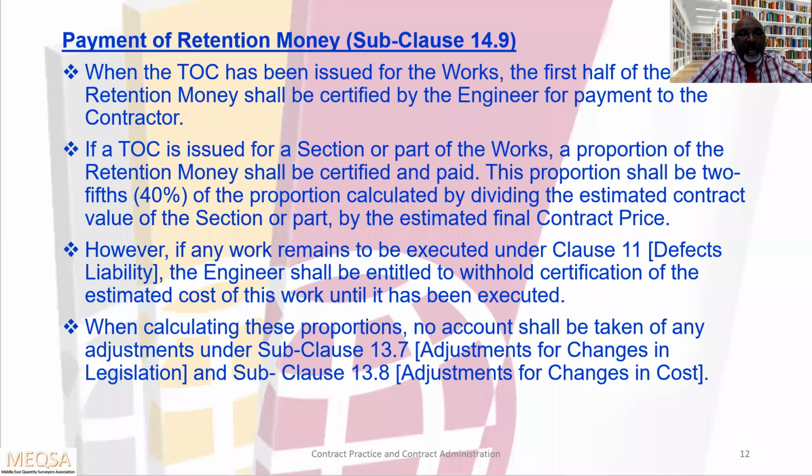The fourth one: when calculating these proportions, no account shall be taken of any adjustment under subclause 13.7. So while we are calculating this 40%, we will not do any adjustment for the changes in legislation as well as adjustment for changes in the cost. Because these things, they have given the formula in the FIDIC, you can look into that.